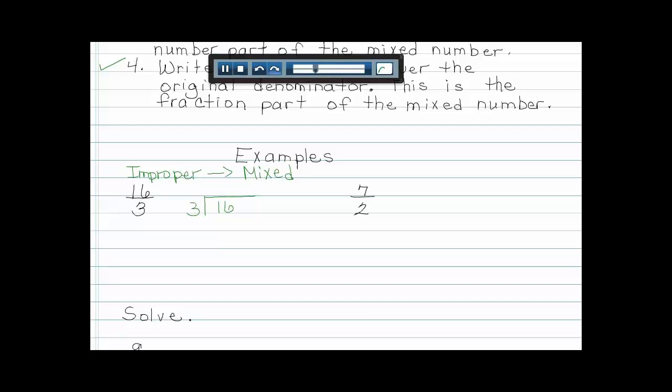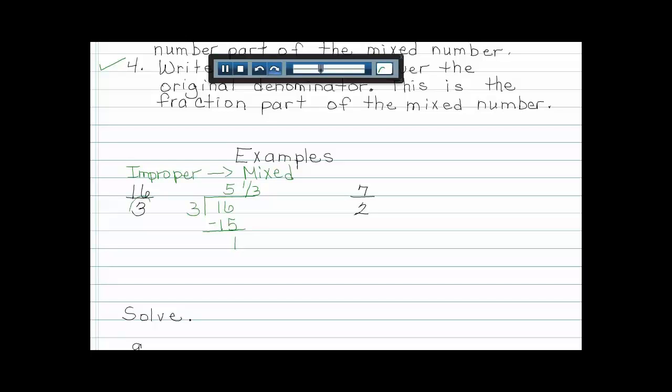3 goes into 16 5 times. Let's multiply that. 5 times 3 is 15. We'll subtract. We have 1 as a remainder. That remainder 1 is put on top of the original denominator, which is 3.